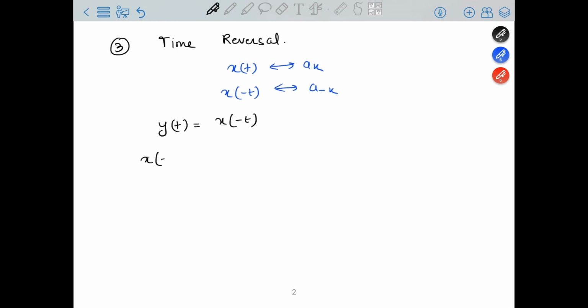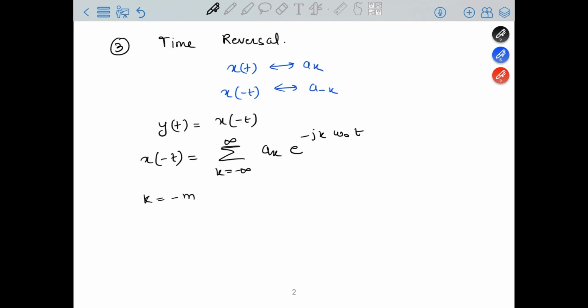So, x of minus t, using the definition of Fourier series, we can write it as summation k from minus infinity to infinity a k e raised to the power of minus j k omega naught t, and now we will replace k with minus m.